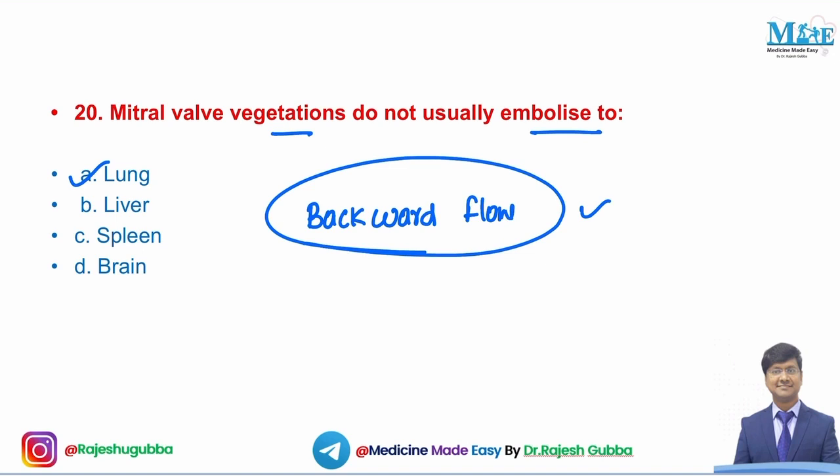To involve the lung, there would have to be backward flow of blood from the heart into the lungs. That is why lung involvement is least common, whereas the liver, spleen and brain commonly get affected.